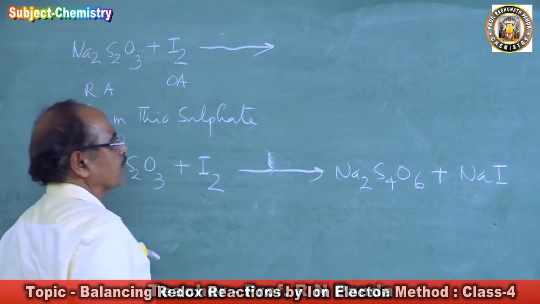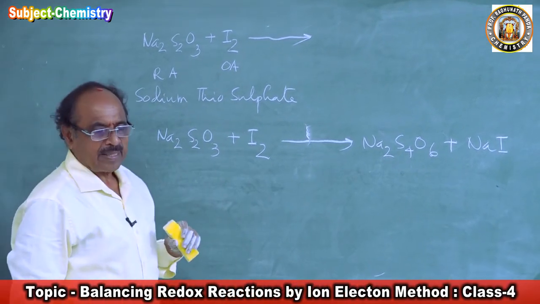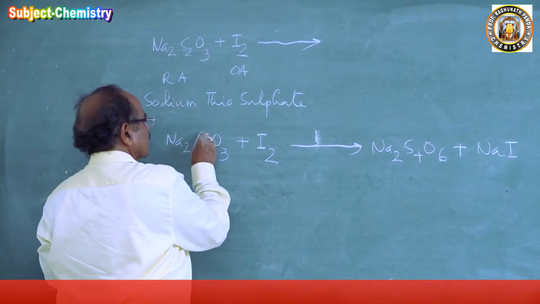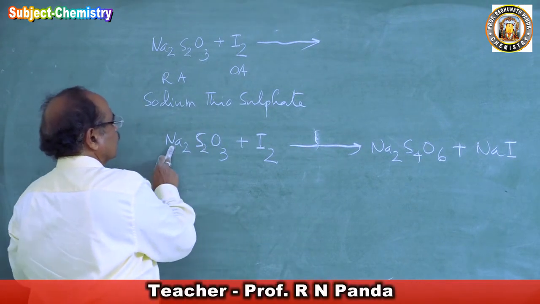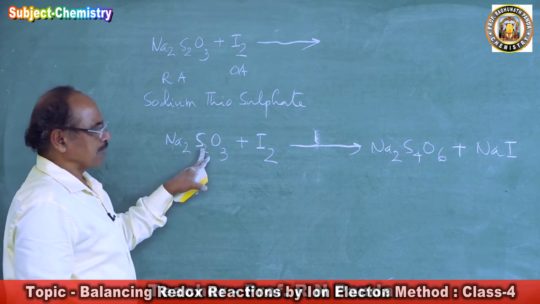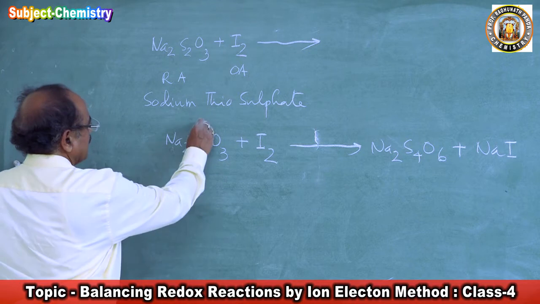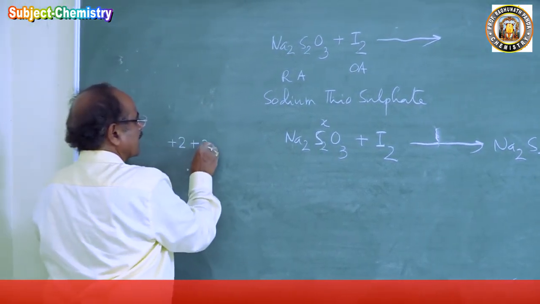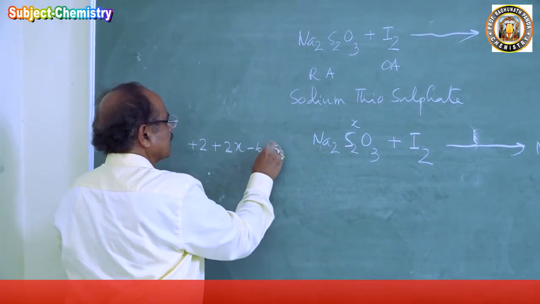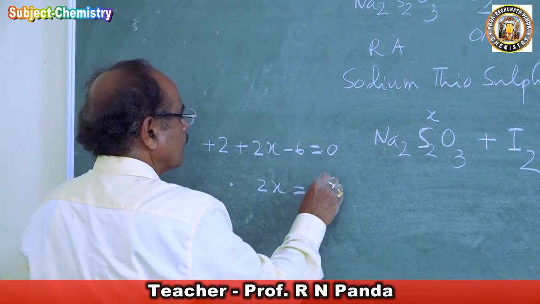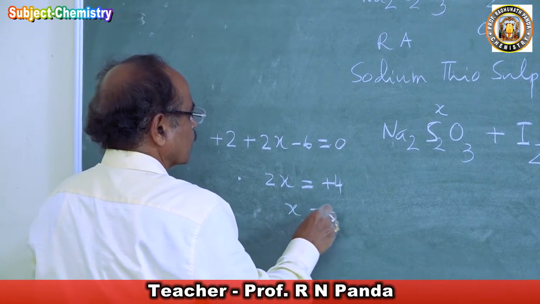I am not balancing this here; I will balance it in ionic form. So what is happening? In sodium thiosulphate, what is the oxidation number of sulfur? Sodium is +1, oxygen is minus 2, so 2x. If you calculate, plus 2 plus 2x minus 6 is equal to 0. So 2x is +4, so x is +2.